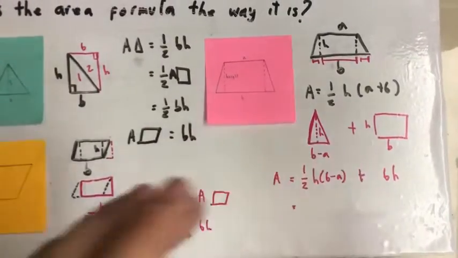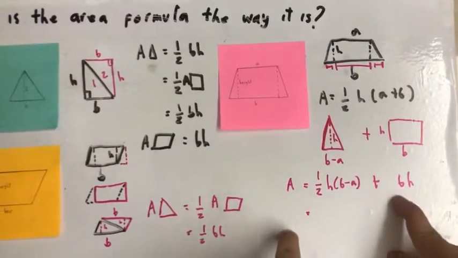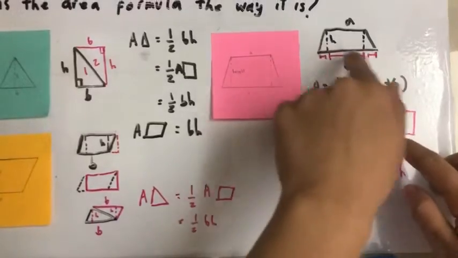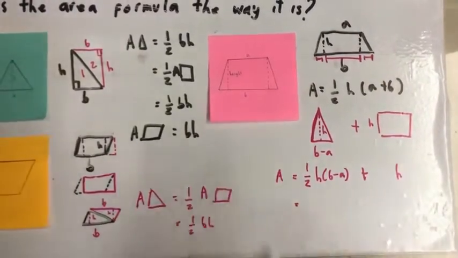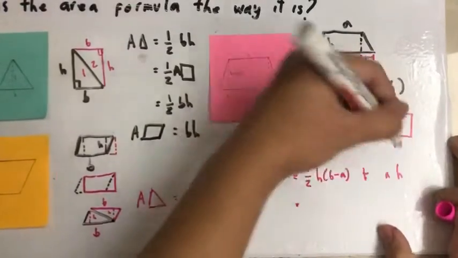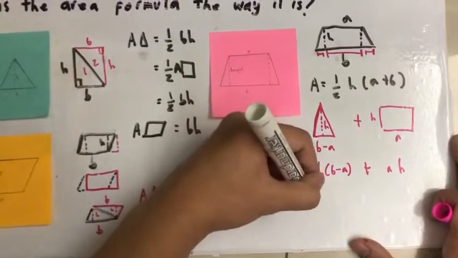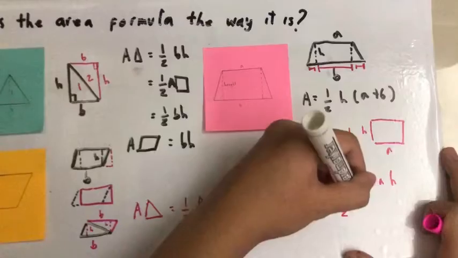So again, this is how it is. We've gotten here so far, and this isn't b, I'm sorry. This is a, right? Because b is the whole thing right here, and a is just this. So this is a, this is a, and then we'll do this part. This is hb over half ah.